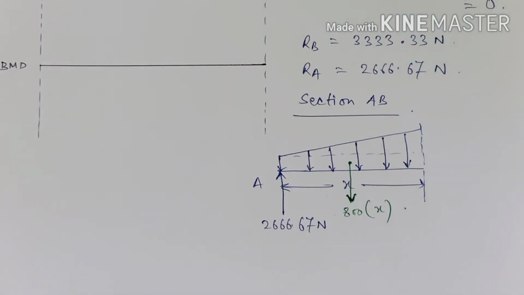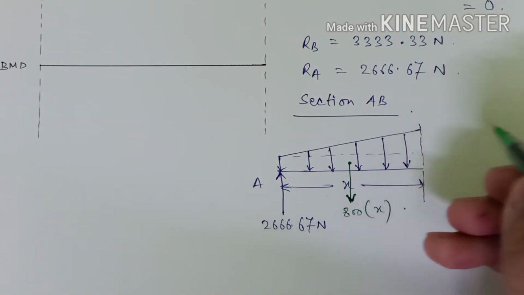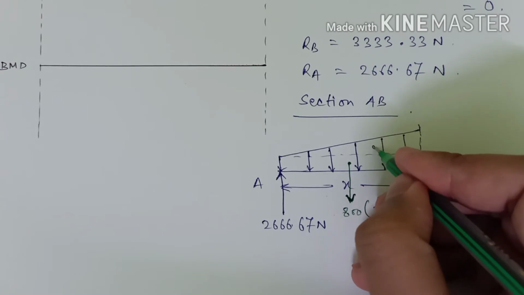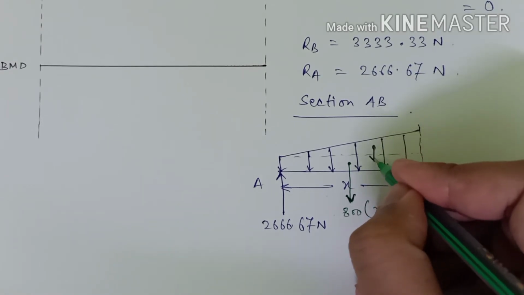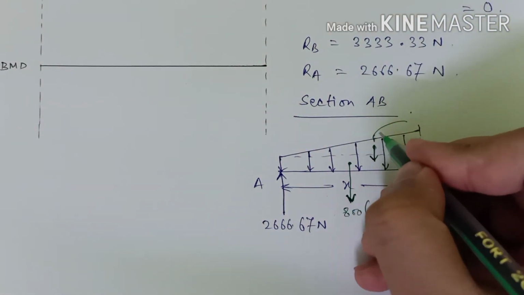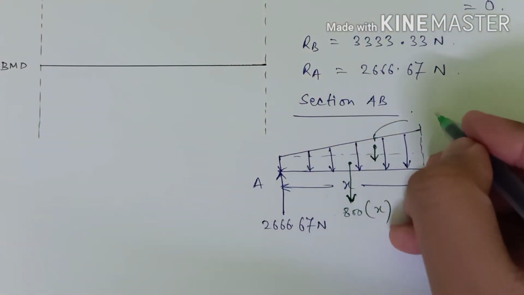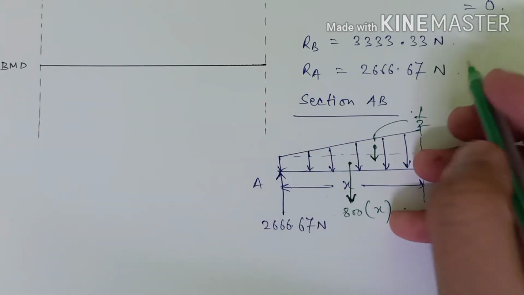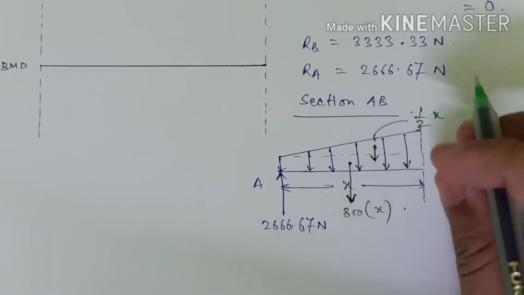And we have another thing, the load due to the UVL. It will be acting at the centroid, somewhere here. Its value will be the area: half into base, that is x, and height this much.